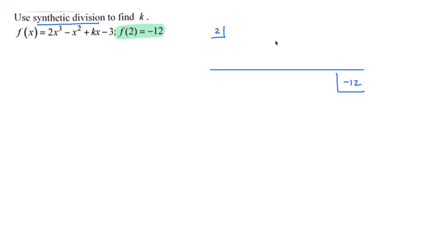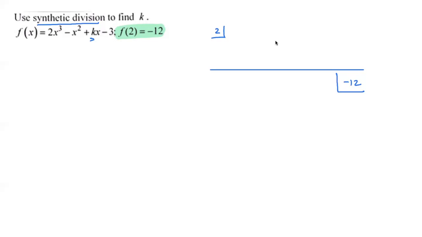Okay, when you have a function value, that function value coincidentally is also our remainder. Okay, and of course, with a K right here, that adds a little bit of complication into this problem.